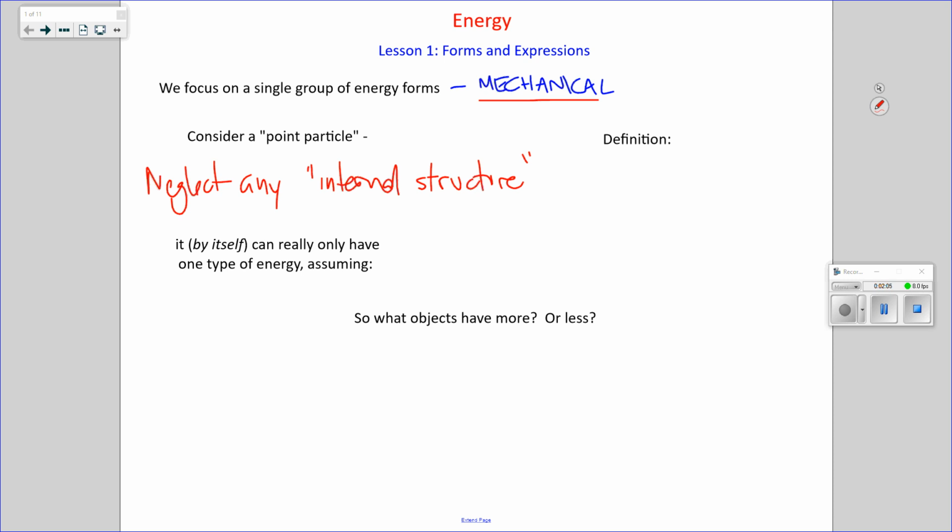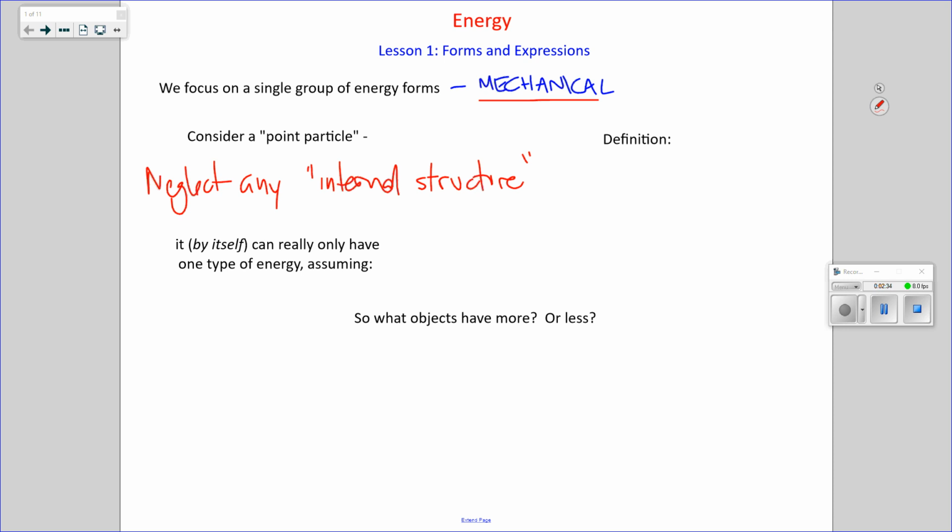The ball is made of atoms, and those atoms have parts, and the parts of the ball might have different kinds of energies, but let's forget about that. Let's take a very simplified look at things, forget about the stuff that things are made of, and just say a ball is a thing, end of story. So we have to forget about the size of things, the shape of things. We just consider them for now as what we call point particles.